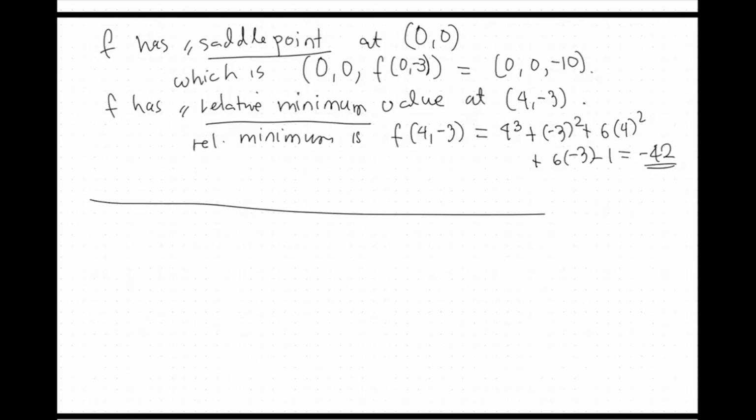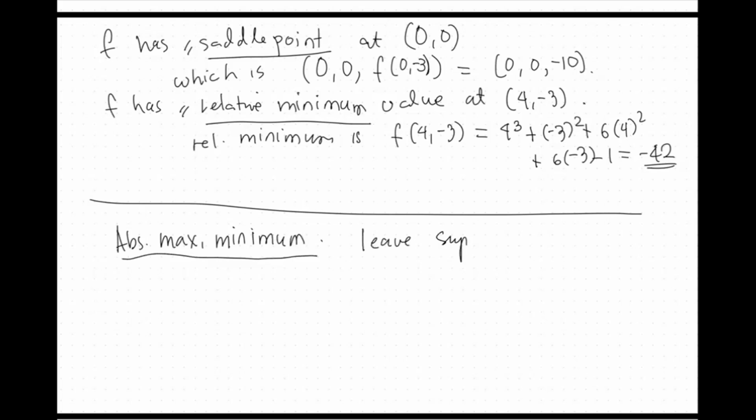Now, I mentioned earlier that regarding the absolute maximum and minimum, I will leave this as supplementary reading. So I will let you do this as your extra reading time. But I'm assuring you that it's not part of your examinable work, so it's not on the exercise and on the exam.